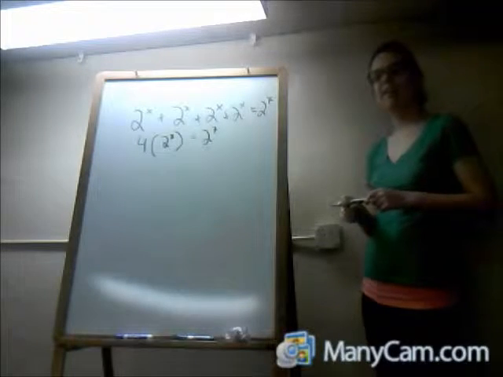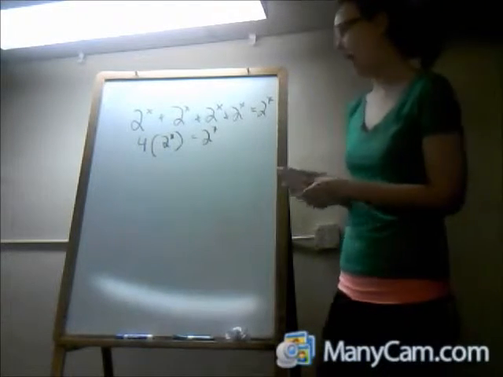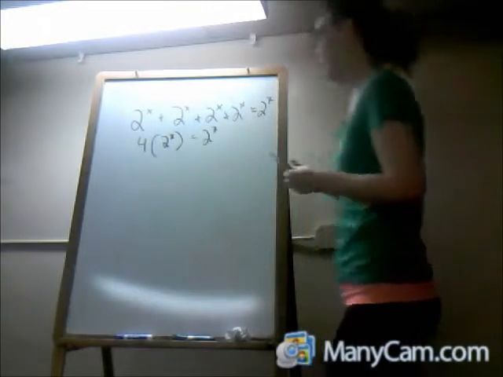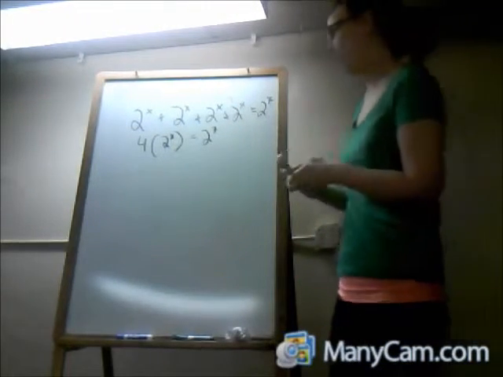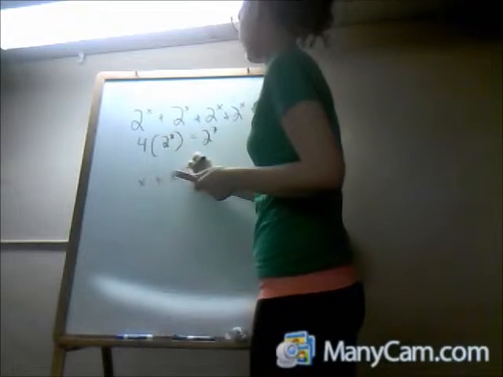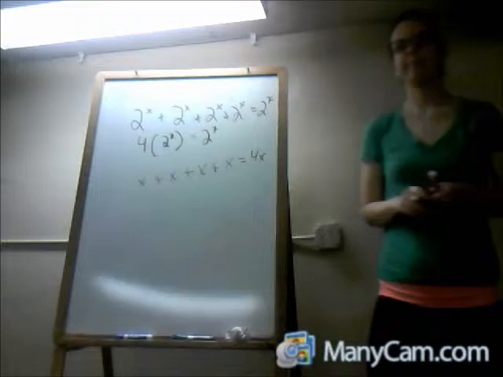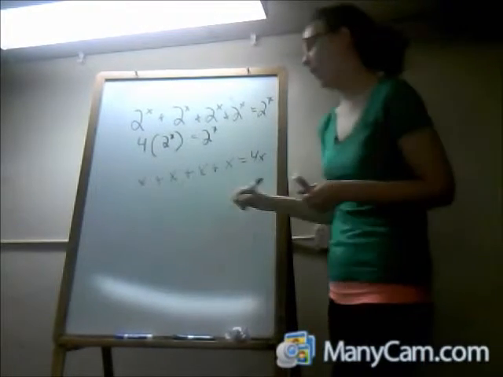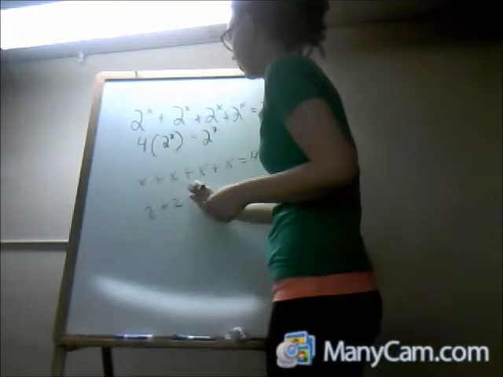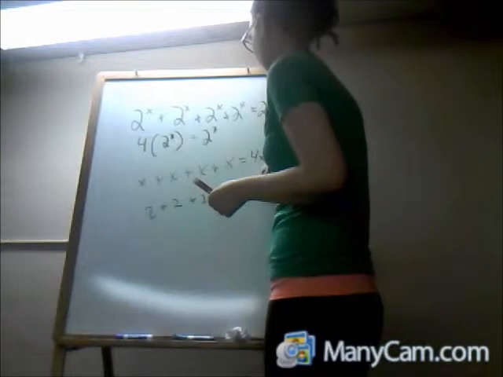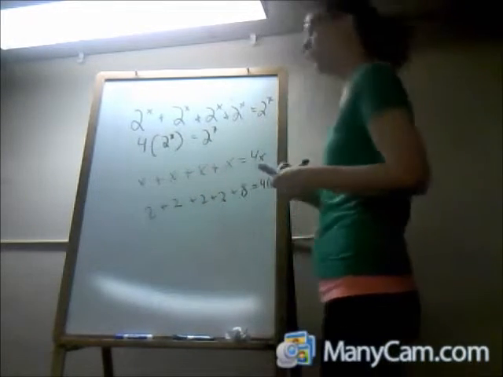Yeah, you just lost me. Okay, so we have 1, 2, 3, 4, right? It's kind of like saying x plus x plus x plus x equals 4x, or 2 plus 2 plus 2 plus 2 equals 8, which equals 4 times 2.